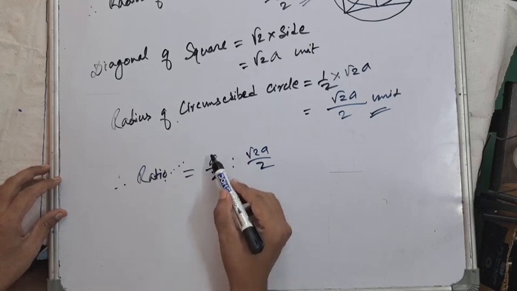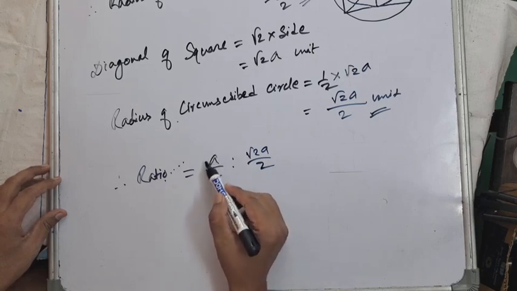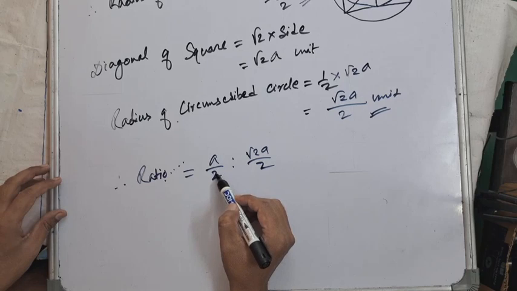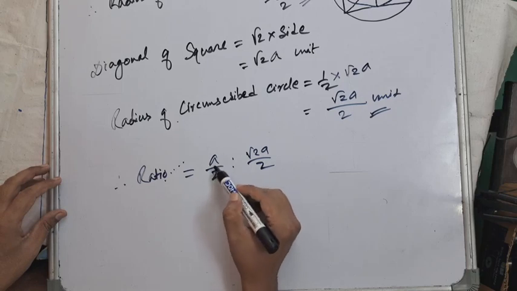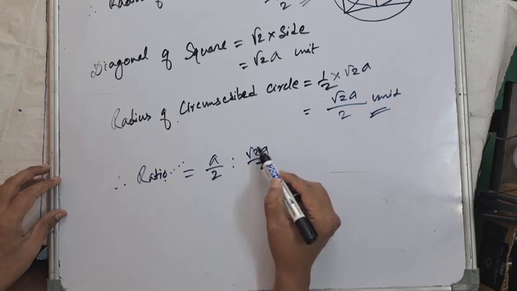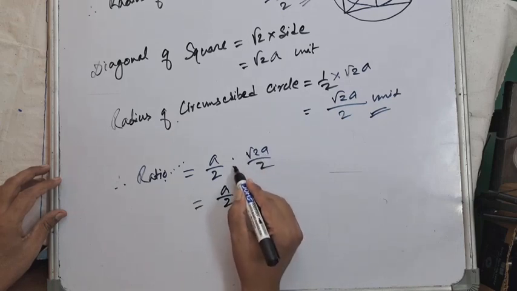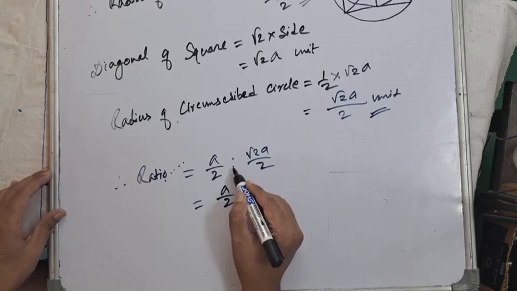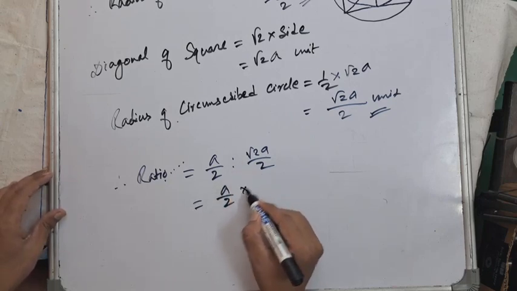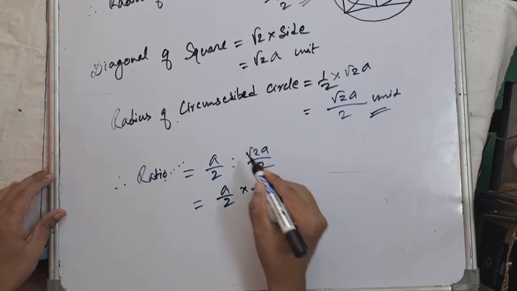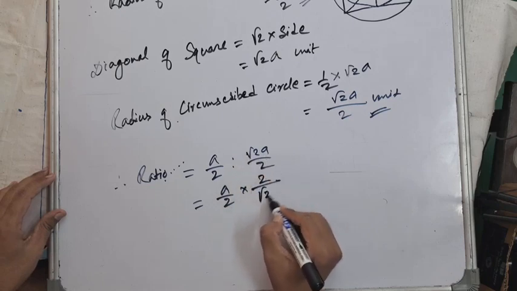So the ratio of the radius of the inscribed circle to the radius of the circumscribed circle means the radius of the inscribed circle is to the radius of the circumscribed circle. So this is a upon 2 is to root 2a upon 2, which we can assume as division. If we change this to multiplication, this 2 will go to the numerator and root 2a will come down to the denominator.